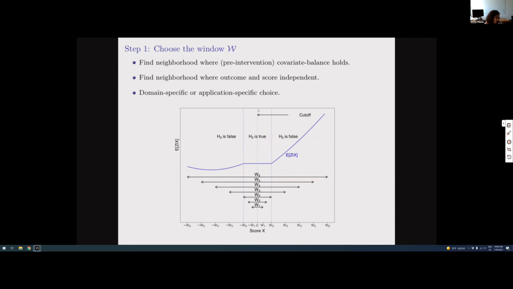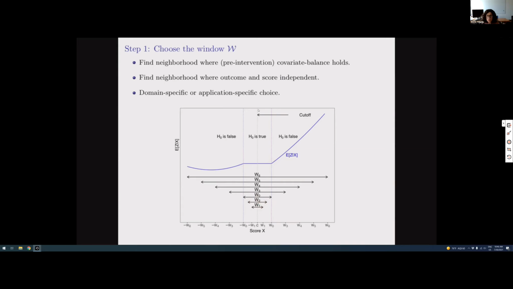And if I do it for a slightly smaller window, again, I'm going to reject the null that the covariate means are the same. But there's going to be a point when I hit the window where local randomization works, when I'm going to stop rejecting that hypothesis, and I'm going to fail to reject it in all the smaller windows contained in it.